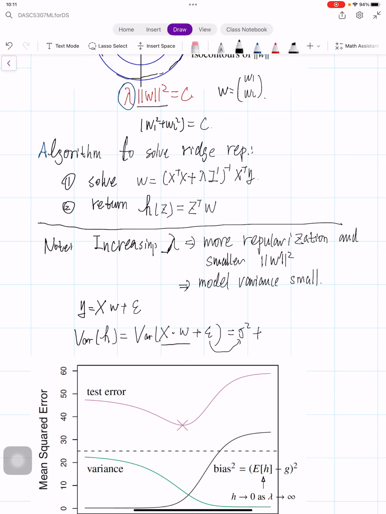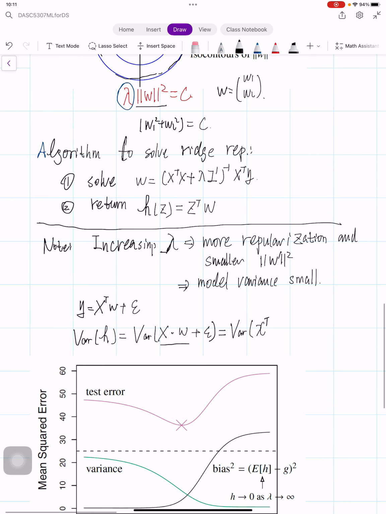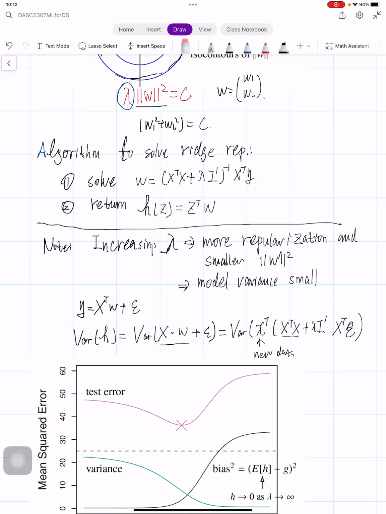I will just show you some results. Actually, the variance of our model will equal the variance of x transpose, where X is the design matrix from the training data and x is the new data, times (X transpose X plus lambda I) inverse, times X transpose times epsilon.